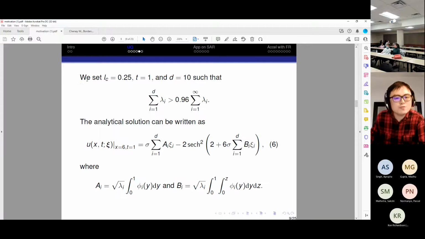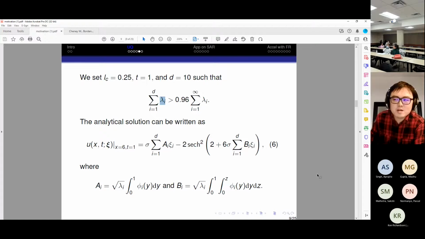I choose a solution where the first few singular values take the majority of the singular values. And the solution can be expressed by this.